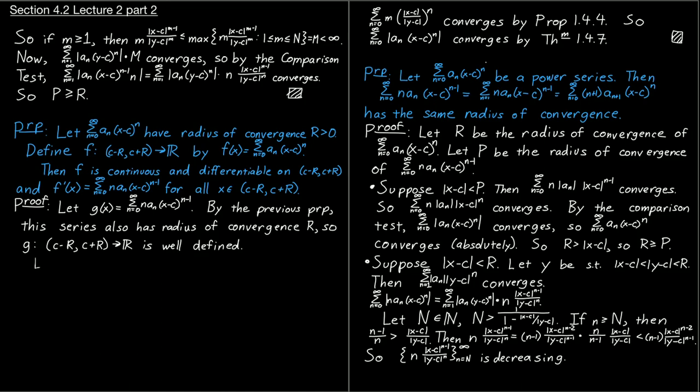And now we let f sub n be the partial sum stopping at big N. Then f n prime is the partial sum of the series for g.